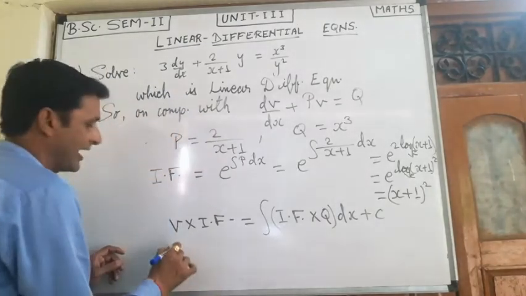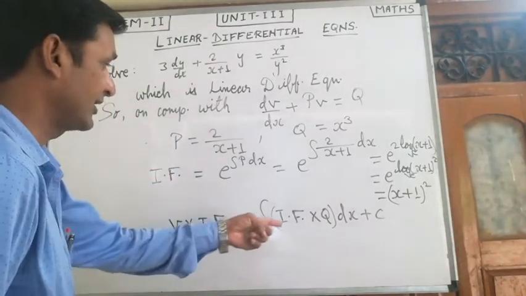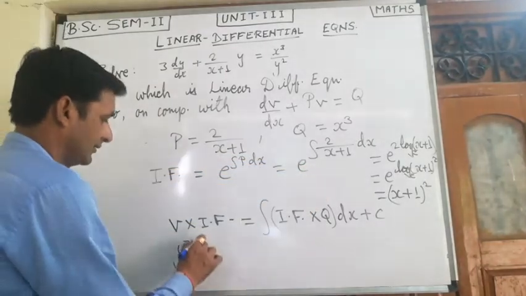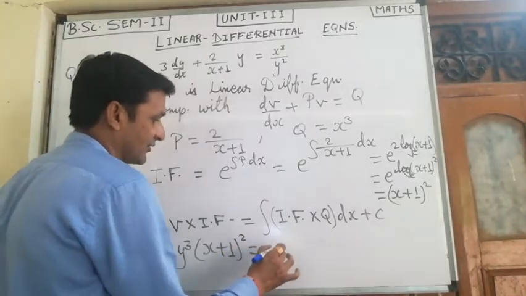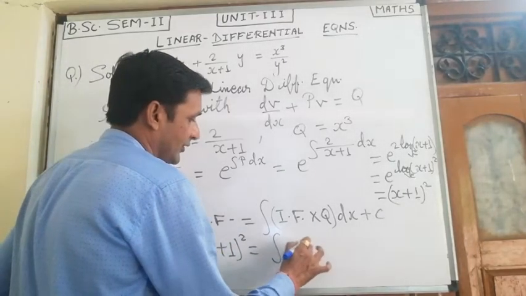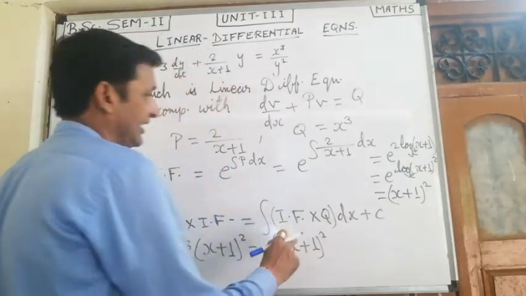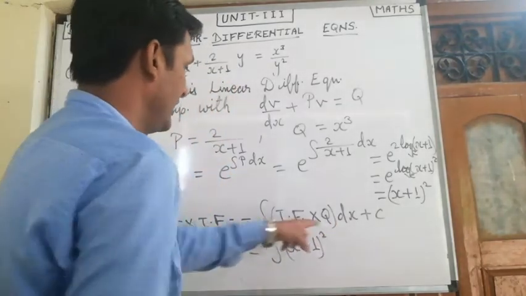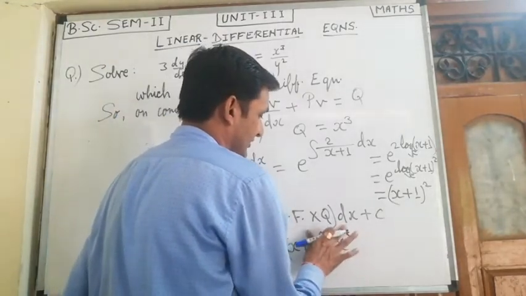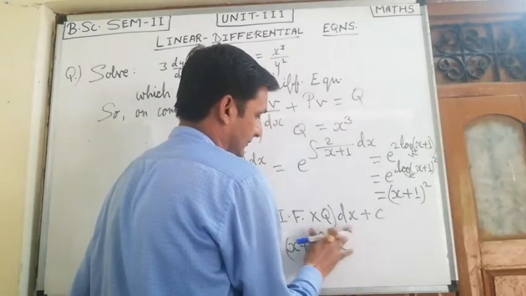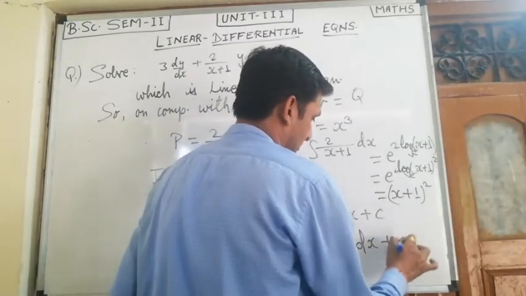Value of v is y cube that we have assigned in starting, and integrating factor that is x plus 1 whole square is equal to x plus 1 whole square into integrating factor is x plus 1 whole square, and value of q is x cube. So x cube is multiplied with this with respect to x plus c.